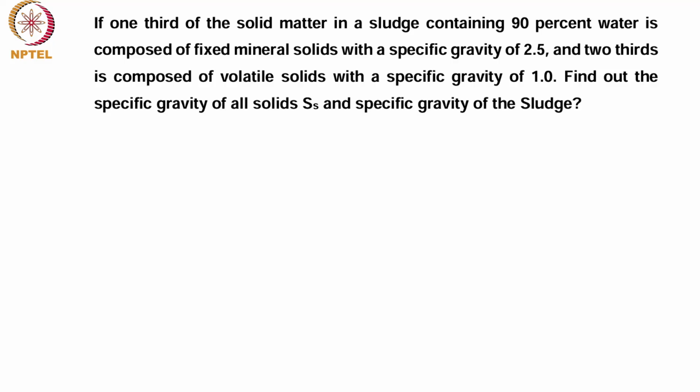Okay, so what is given in the problem? In the problem, it is given that one third of the solid matter in a sludge containing 90% water is composed of fixed mineral solids with a specific gravity of 2.5, and two-thirds is composed of volatile solids with a specific gravity of 1. Find out the specific gravity of all solids and the specific gravity of the sludge.